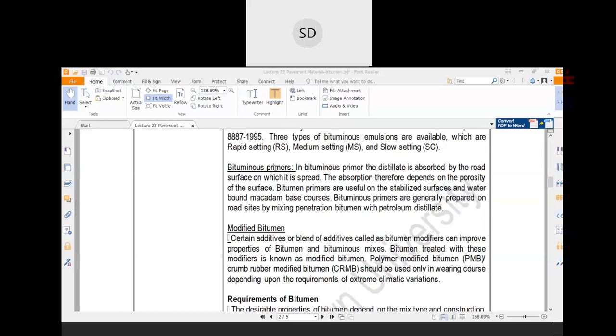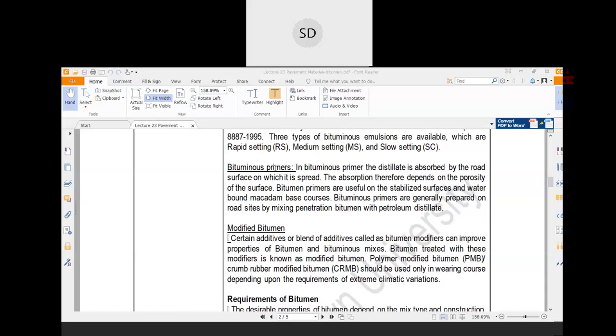Then another type of bitumen is called modified bitumen. Now in the modified bitumen, different types of materials are added with the bitumen to modify the properties of the bitumen. There are different types of material which can be used with the bitumen, like polymer modified bitumen, where polymer or plastics are used.